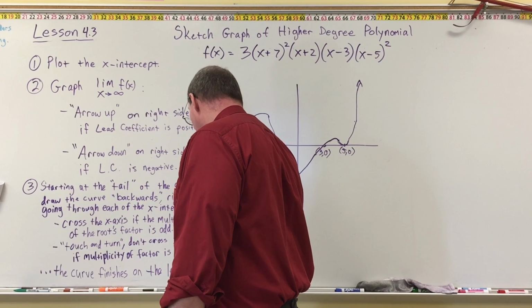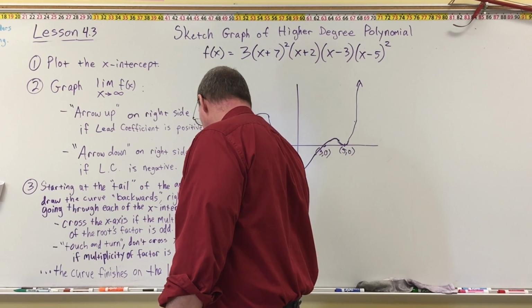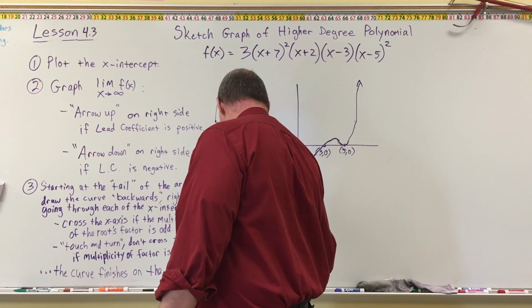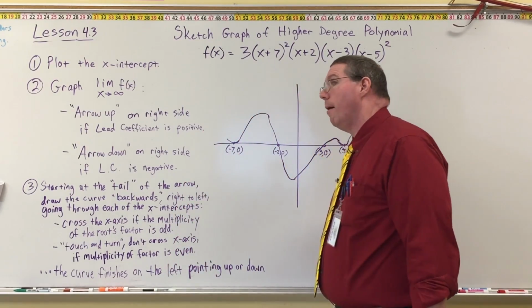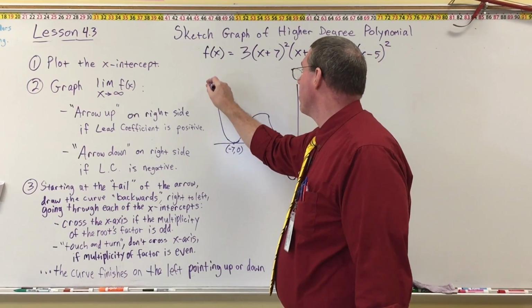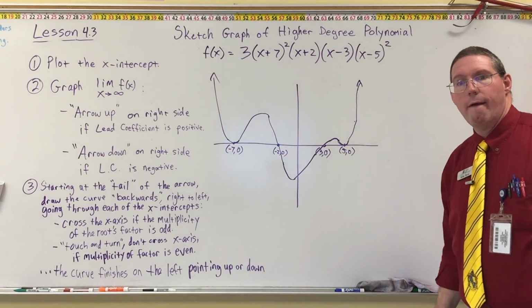Pointing, not sideways, up or down. Now, do you think this one is going to be pointing up or down? Up, because it's on the top side of the x-axis, so it just points up, put an arrow, we're done.